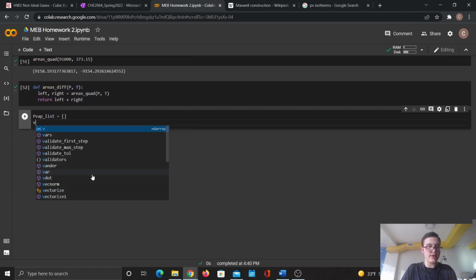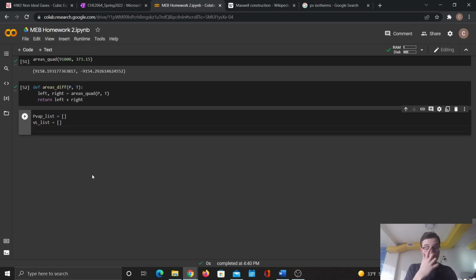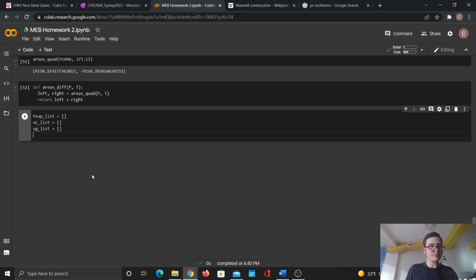So VL list, so liquid volume list, equals empty array, and then VG list, and I'll make the G not capitalized, equals empty array. Enter. Now we can take a bunch of different temperatures and create lists and create plot values for them.